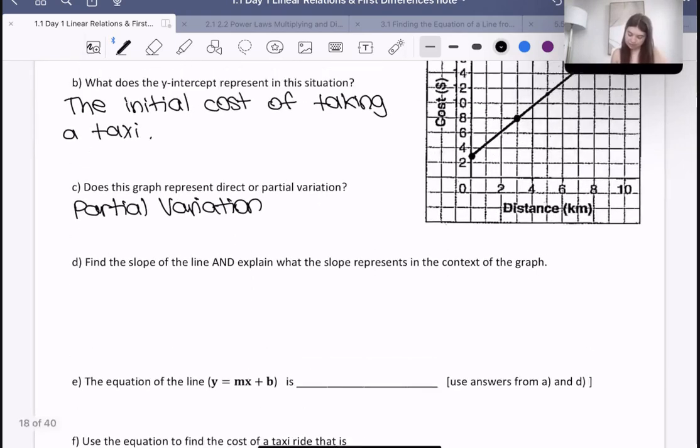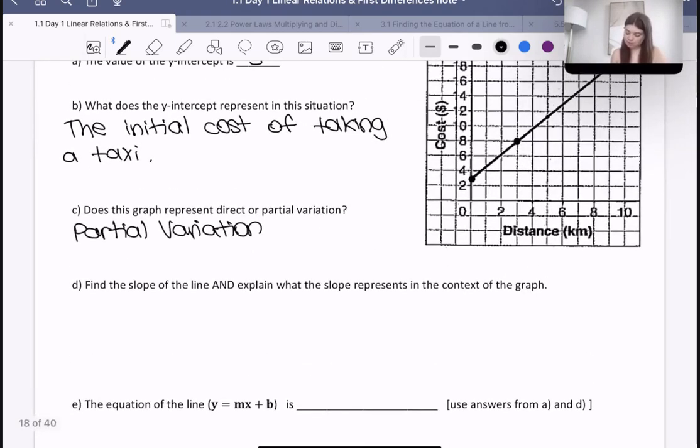Find the slope of the line and explain what the slope represents in the context. In terms of what it's going to represent, we already know that. It's going to be telling us the number of dollars per kilometer.